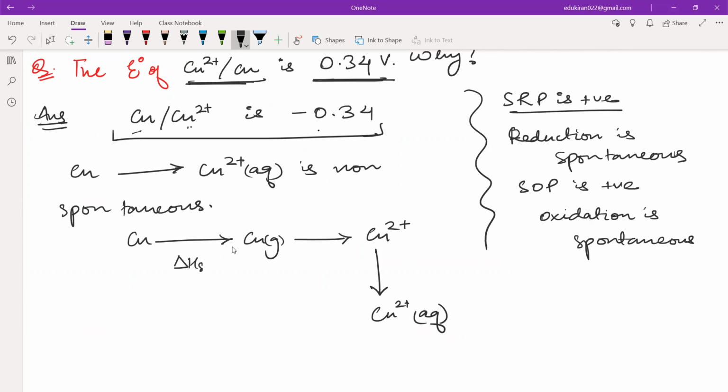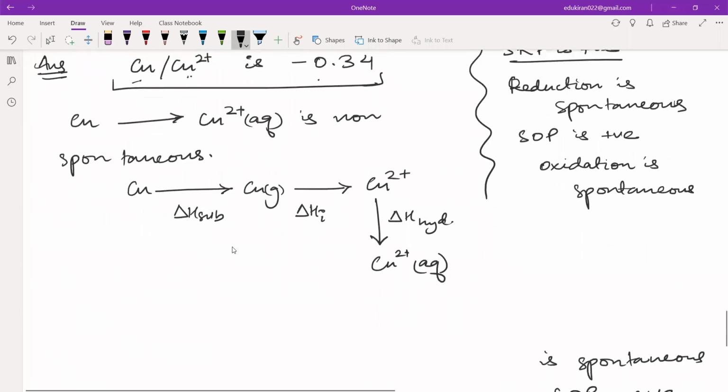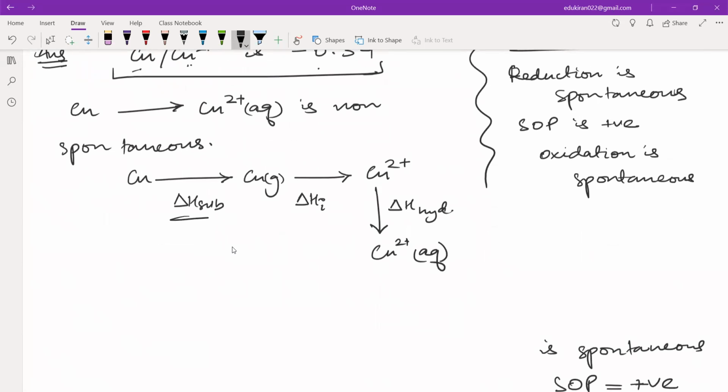This is delta H sublimation, this is delta H ionization, and this is delta H hydration. Now, this delta H sublimation and enthalpy of ionization will be low. Yes or no? Because copper is argon 3d10 4s1. Now you tell me, how many unpaired electrons are there in copper?